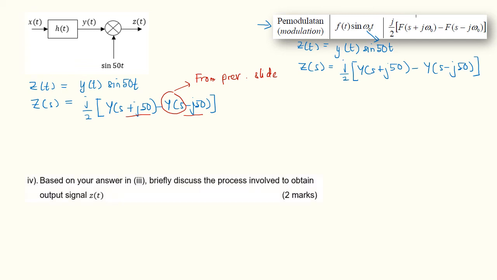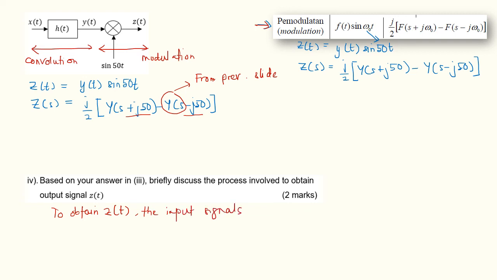Okay, so next, based on your answer in 3, briefly discuss the process involved to obtain output z(t). Obviously, in the first part of the figure you have convolution, and in the second part of the figure you have the modulation. So therefore you can answer to obtain z(t), the input signal.